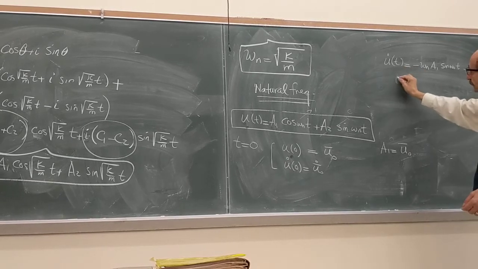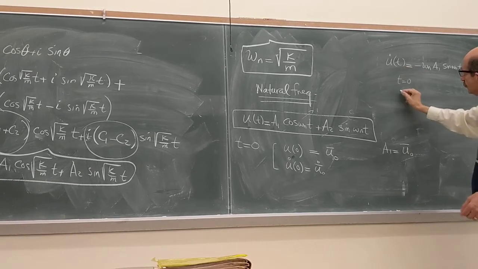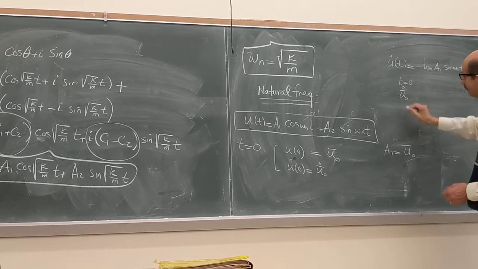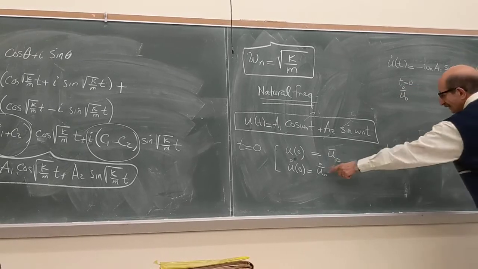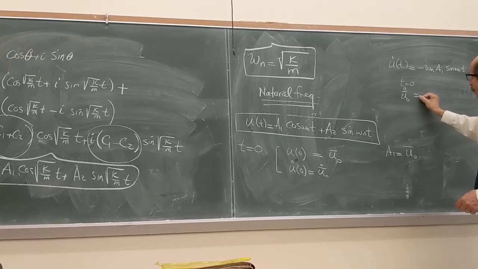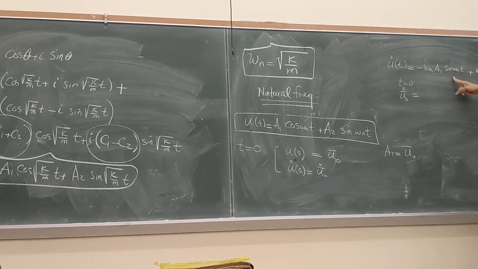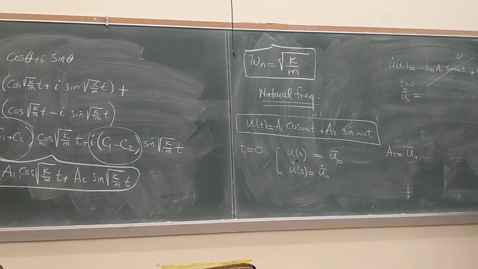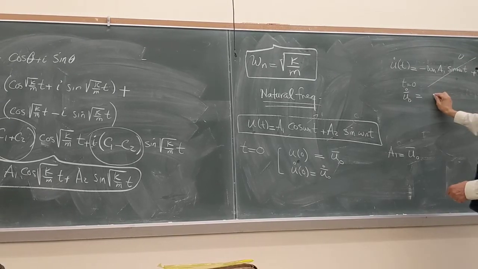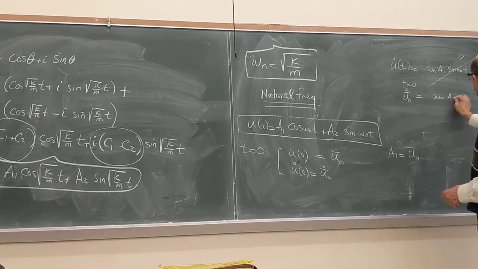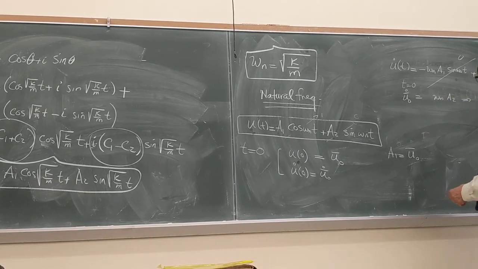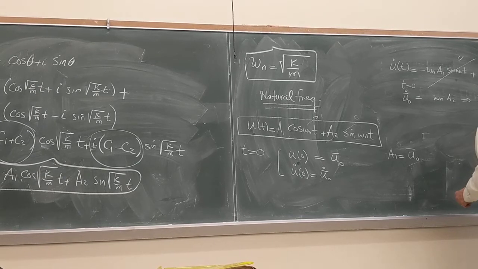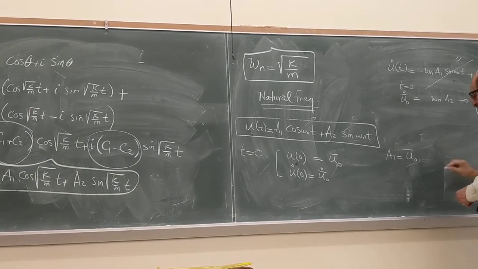Now if you set time equal to 0, you have u dot naught, which is the velocity at time 0. You substitute for t again to be 0, so this goes to 0. This is 1, so you have omega n A2. That means A2 is u dot naught over omega n, right?